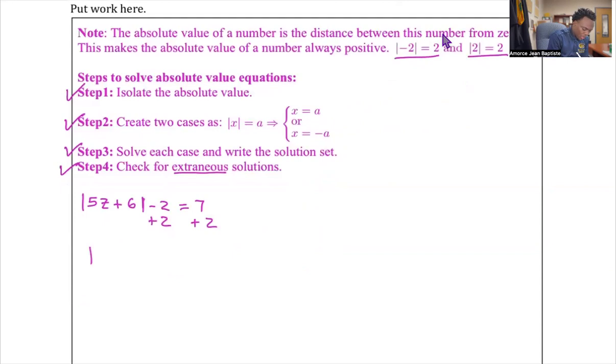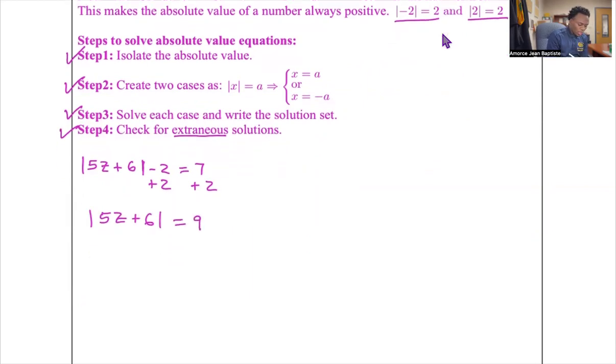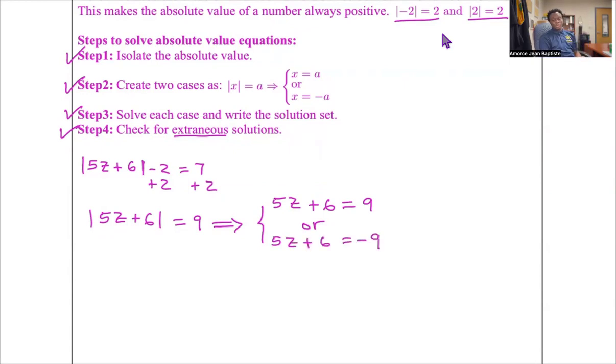We have the absolute value of 5z plus 6 equals 9. Next, we're going to create the 2 cases. That's the expression in absolute value, 5z plus 6 equals the number, or the same expression 5z plus 6 equals the opposite of that number, 9.